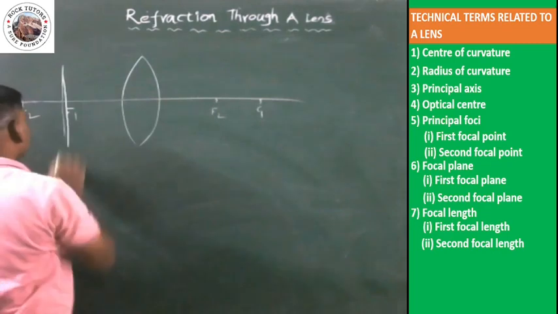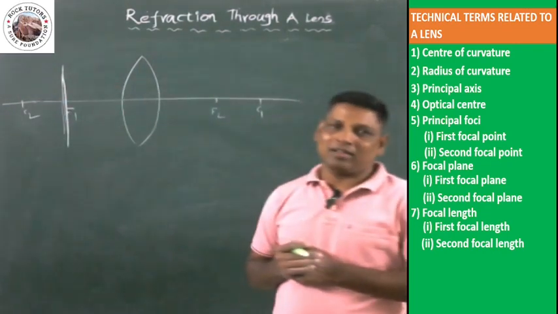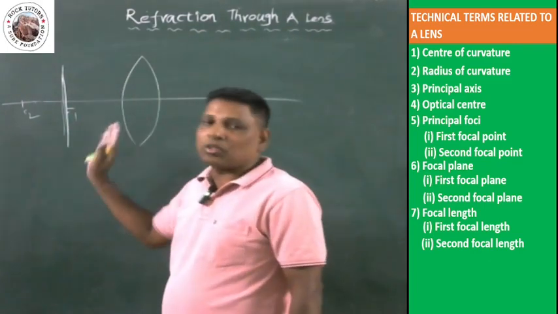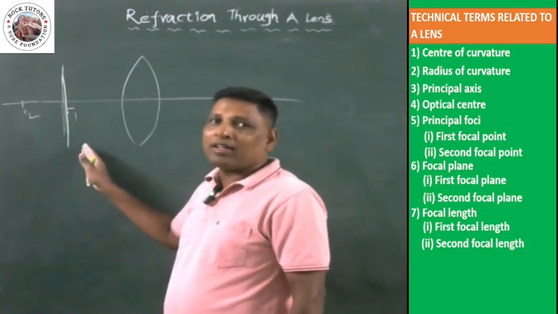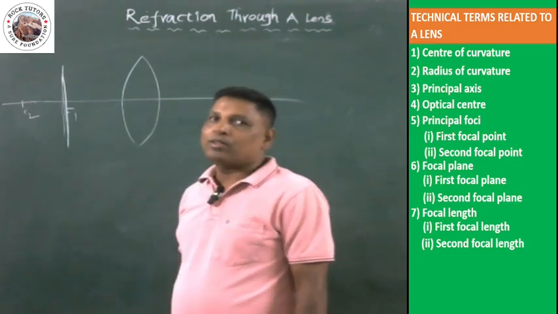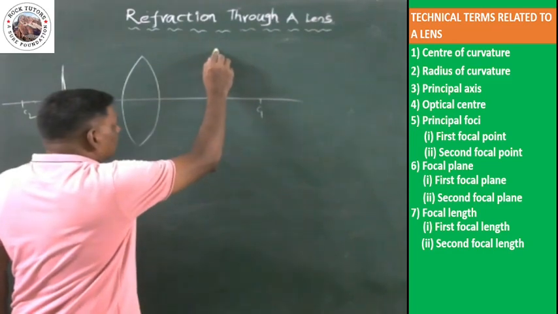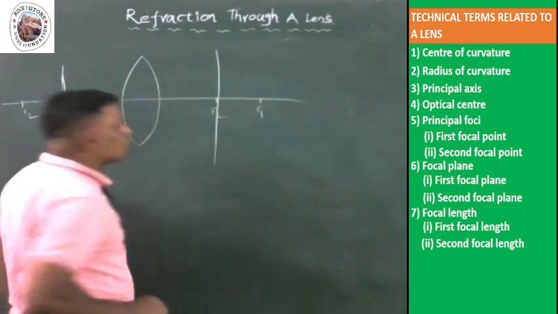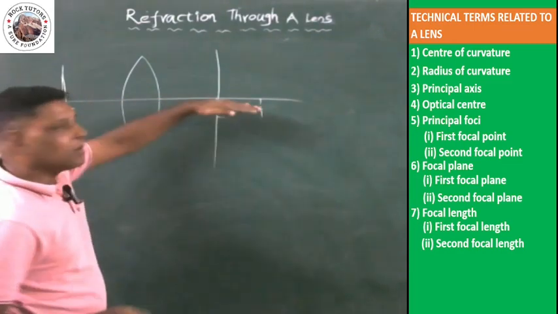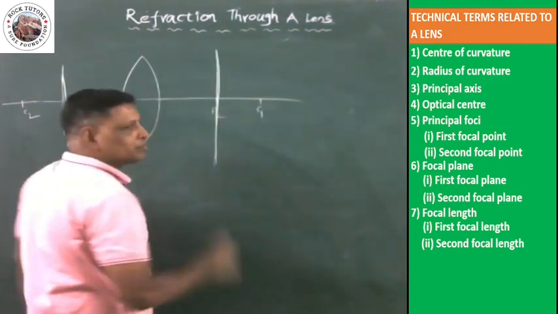So now this plane is called a focal plane. This is also an imaginary line passing through the focal point and perpendicular to the principal axis. So now here also, an imaginary line passing through the focus and perpendicular to the principal axis is called a focal plane.